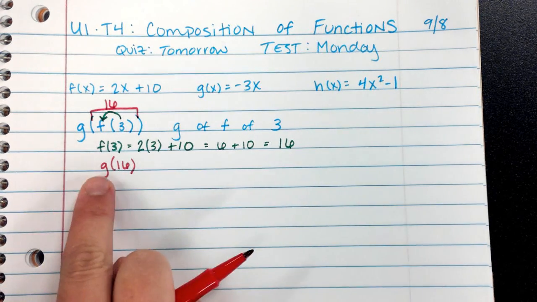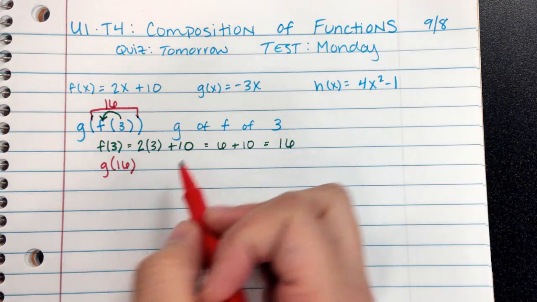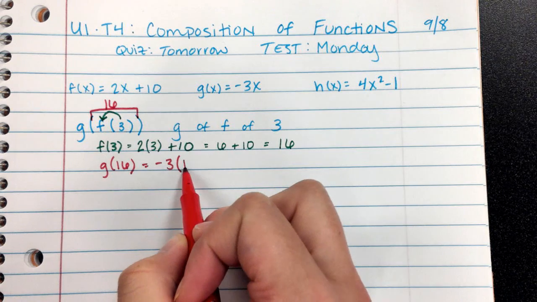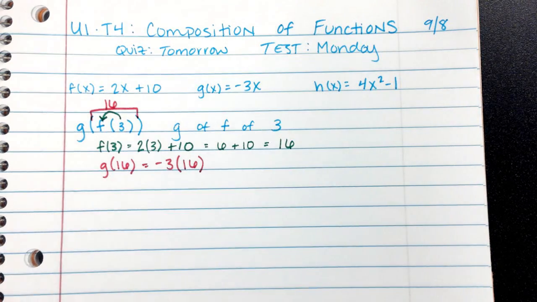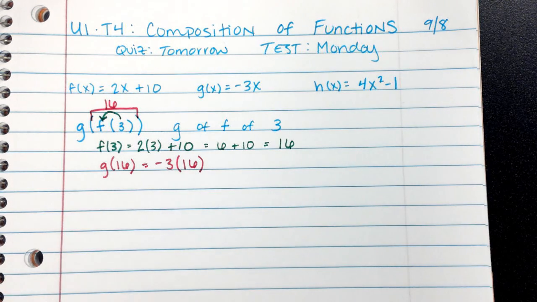And if I tell you to solve g of 16, what does that mean to you? You're going to take the function g and plug in what number? 16. So instead of negative 3 times x, I have negative 3 times 16. So what will my answer be? What is negative 3 times 16?